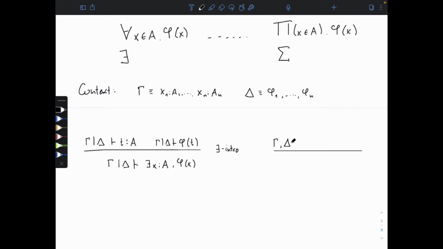So you just put them together. Okay, and so then you say, if you produced a term T of type A, and you also produced some proof U of type phi of T, then you may form a proof (T, U) of sigma x:A, phi of x.